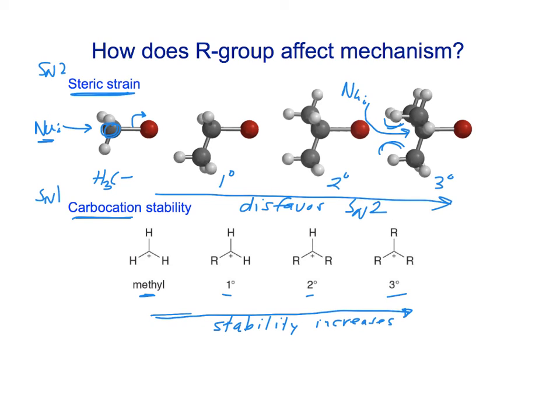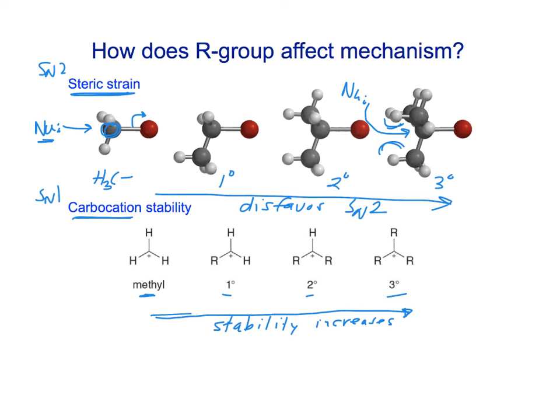Okay, so why would this be? Let's start out by thinking about what would stabilize a carbocation. We saw when we were talking about acid-base chemistry that if we have an anion, for example in a conjugate base, the way that we could stabilize that anion is to withdraw electron density away from the anion. For a carbocation, it will be just the opposite.